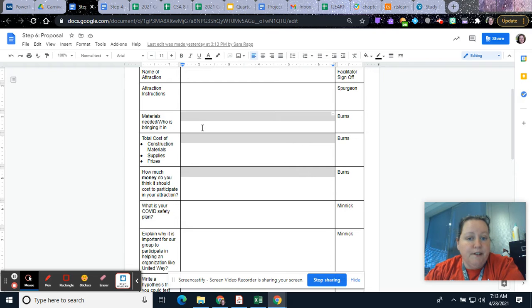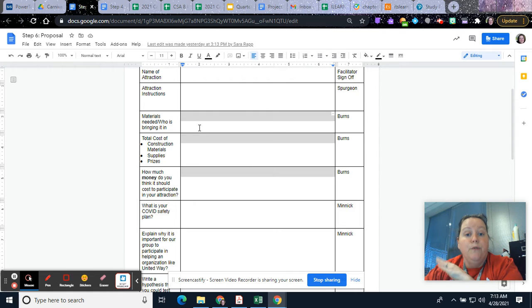So talking about materials, I want you to think about everything that you could possibly need. From like the shade, like are you going to bring in a canopy or a tent, to the materials to play your game or to make your food or to do your other attraction. So every single thing that you are going to need here at school on Carnival Day, I want to make sure it's listed here.